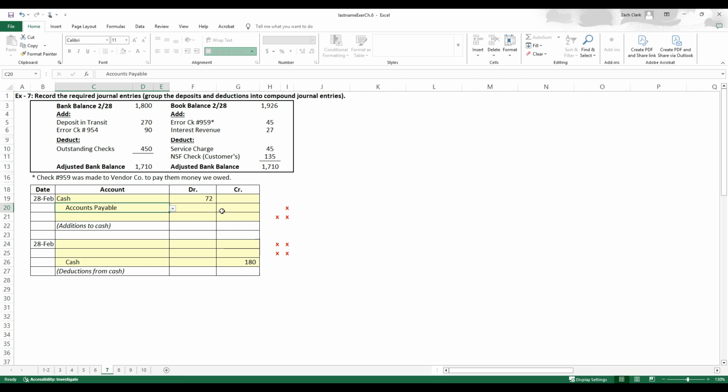So accounts payable, that one's a little tricky. The key here is that we're correcting a payment to a vendor that we owed. Remember, when we are making payments on money that we owed, that's going to be a payable. So we're correcting for that payable, because basically what we're saying is when we did our journal entry, we owed them $100, and we reduced our payable by 145 accidentally.